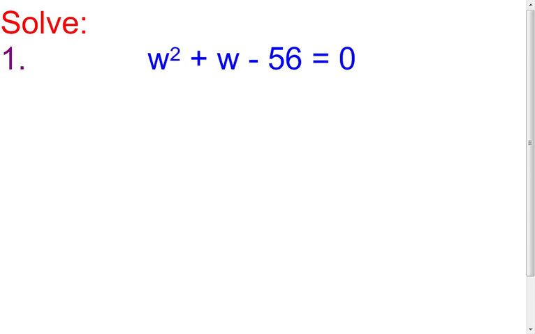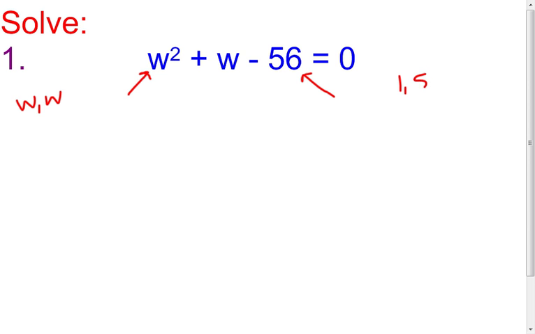The first thing you're going to do is take the front term and list the factors of it. So the only way for me to get w squared is to do w times w. That's all I can do. Then on the back, I'm not going to worry about the signs right now, I just want to use the number 56, and I want to list all the factors of 56.